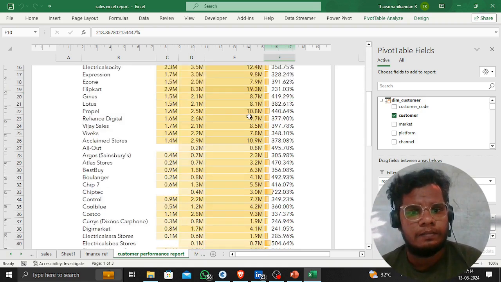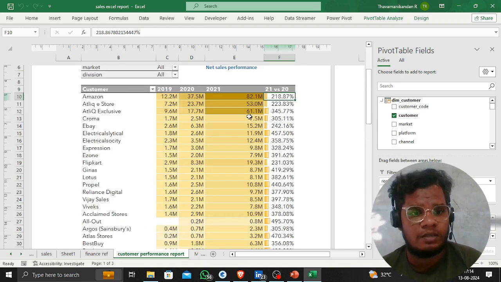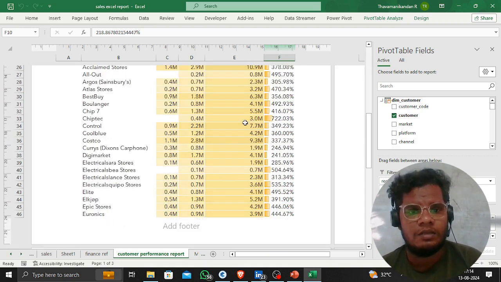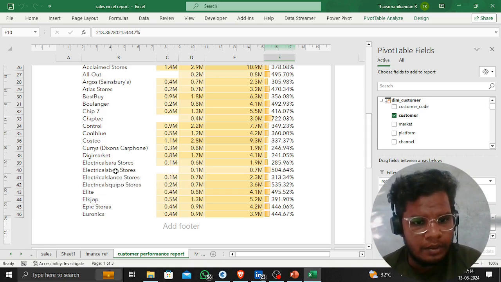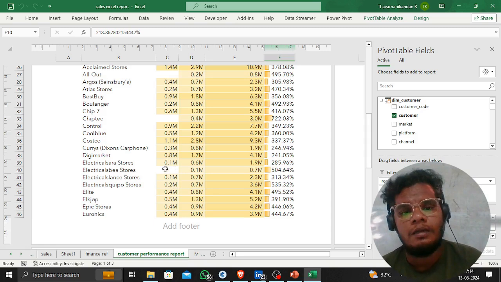And there are so many customers, and some of the customers, say Electrical B Stores, have zero net sales, and after that 0.1, and after that 0.7. You may have some doubt how these other things, like the 504.64 percentage, are calculated, because these all depend upon the previous year performance, like 0.1 and 0.7.